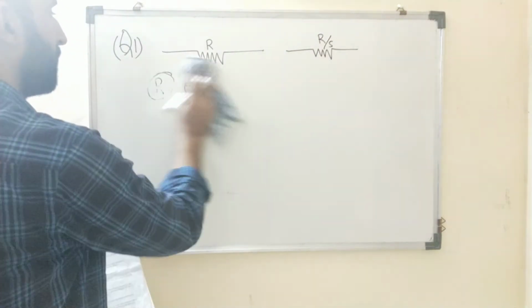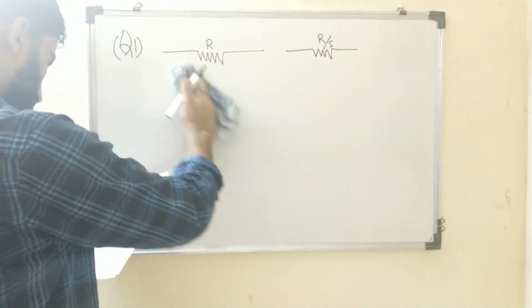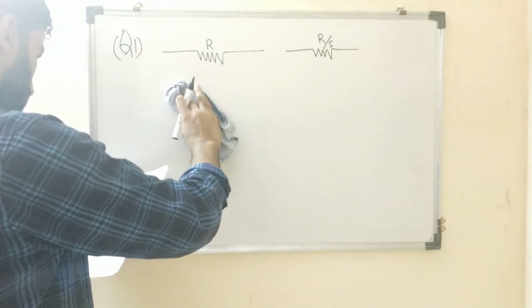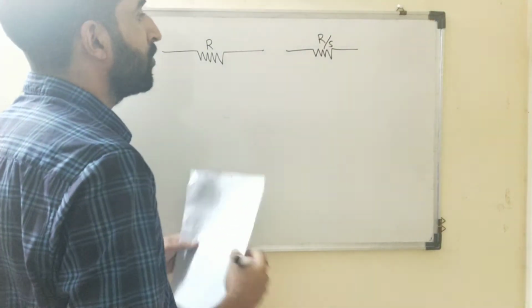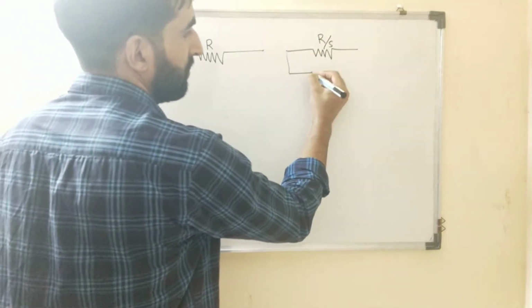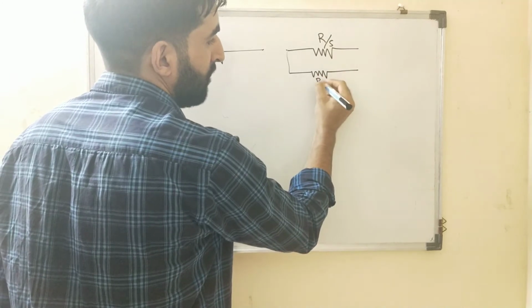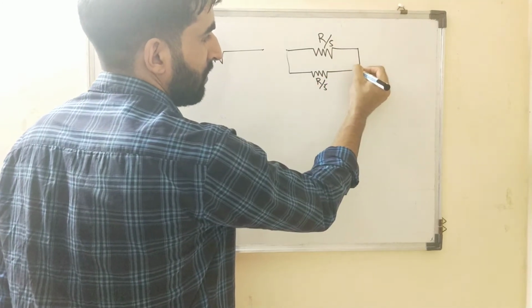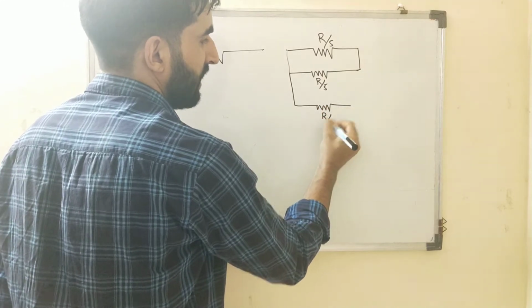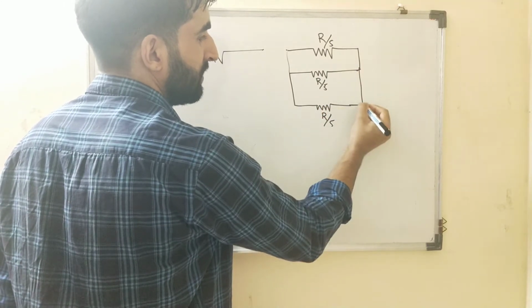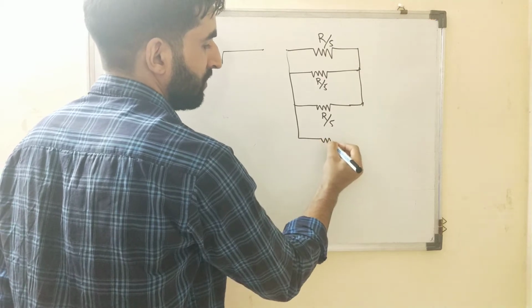Now what I am going to do, I am connecting these R by 5 resistors, these 5 resistors, in parallel combination.